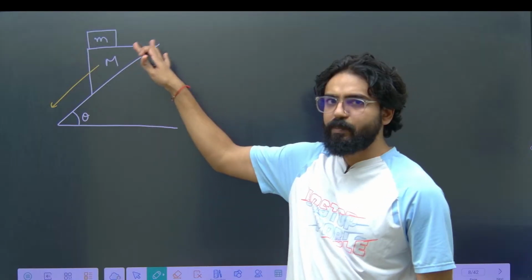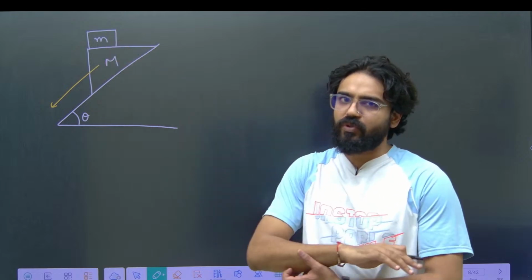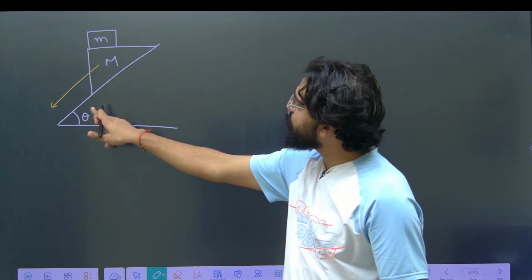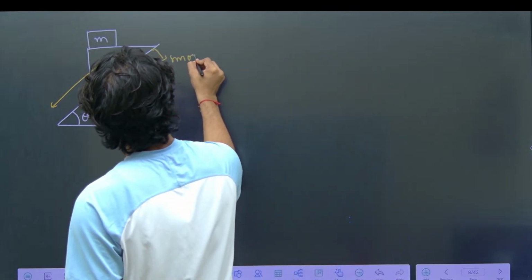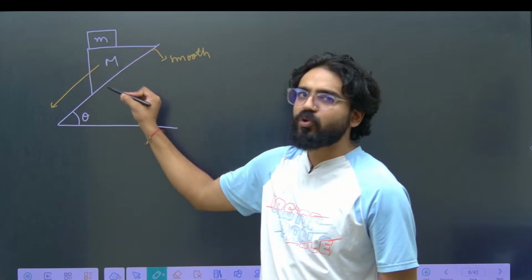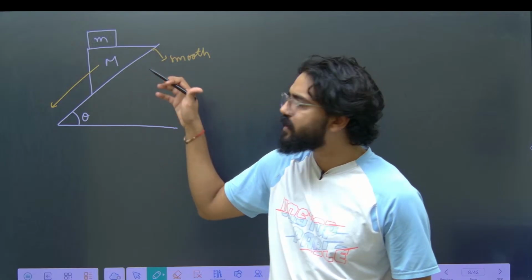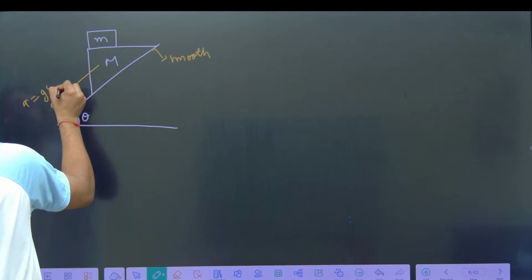So there should be some friction force between this capital M and small m. We know this. Okay, can we guess this incline is smooth as given in the question? No worry about it. So clearly, if both of them are moving together, can we assume it is a same mass? So acceleration over here will be g sine theta, correct?